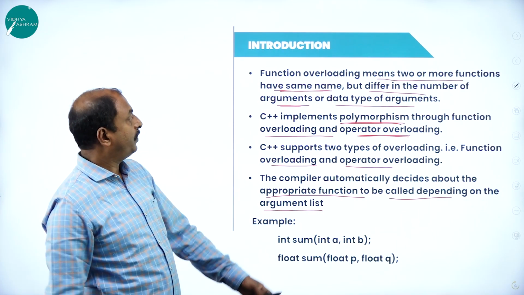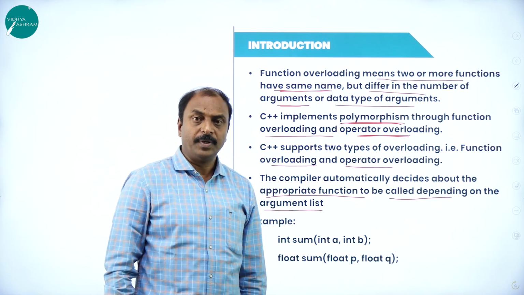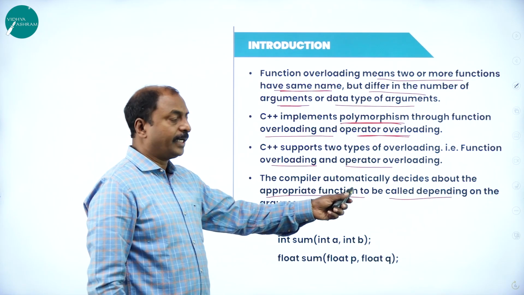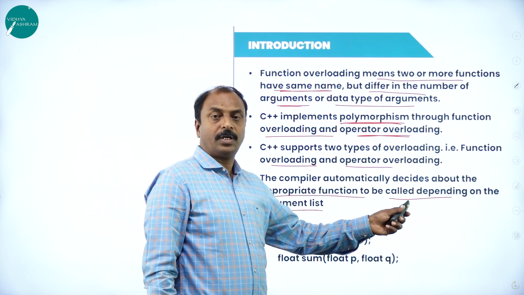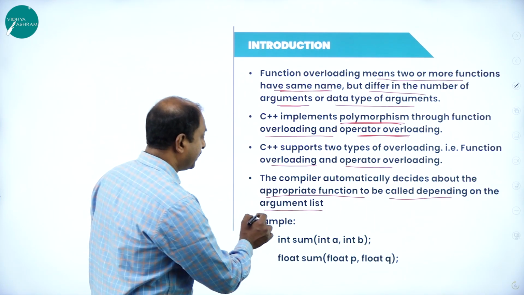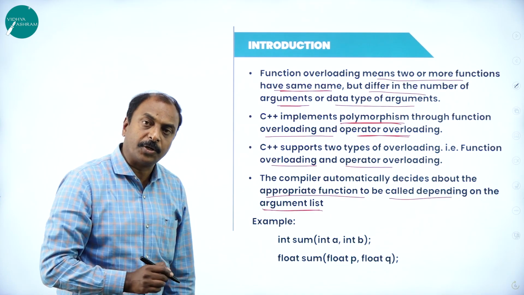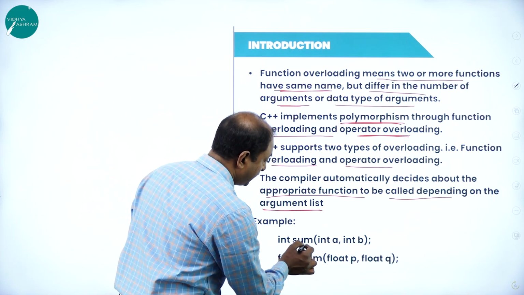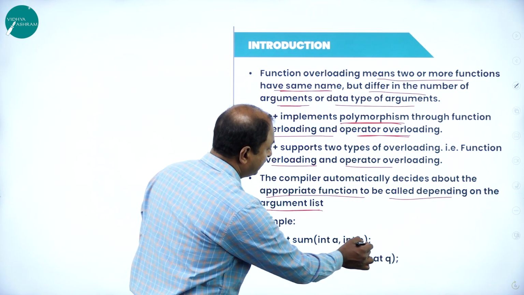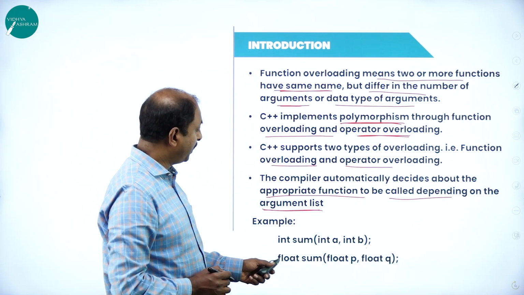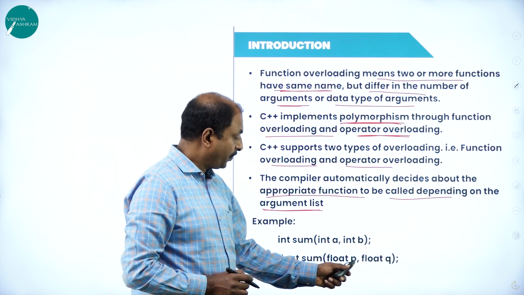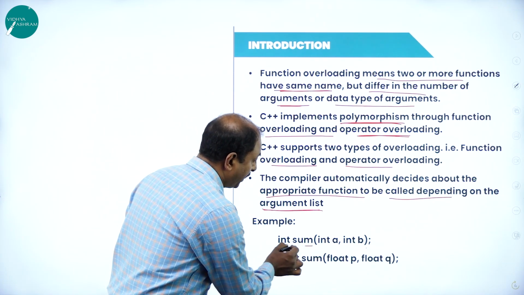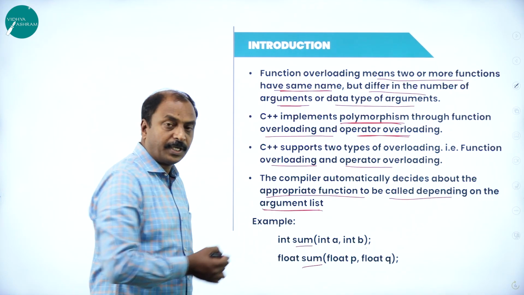So, now we know the definition: functions with the same name but different in their argument list. The compiler automatically identifies which function is to be executed by looking at the argument list or parameter list. For example, look at the example here. int sum(int a, int b); So, this is one function, and here float sum(float p, float q); If you observe this, there are two functions with the function name sum.